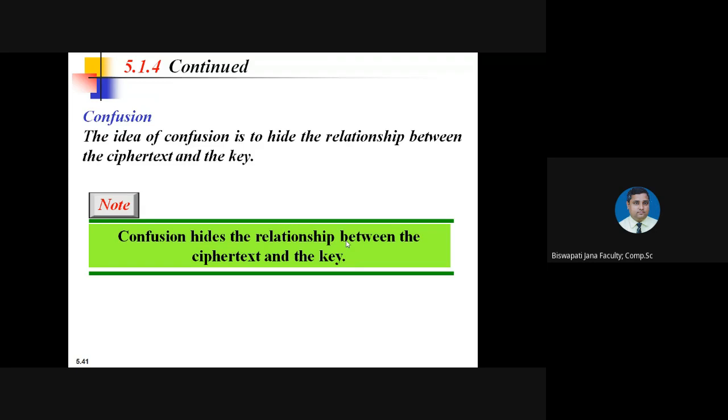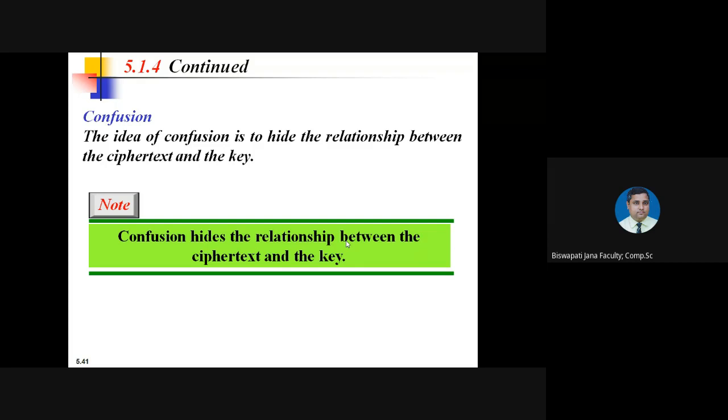If the key is available, then obviously you can decrypt the message. But if the key is not available, then you have to guess the key. If there is some relation between the key and ciphertext, then obviously hackers can retrieve the message. So confusion is the term that hides the relationship between the ciphertext and key.